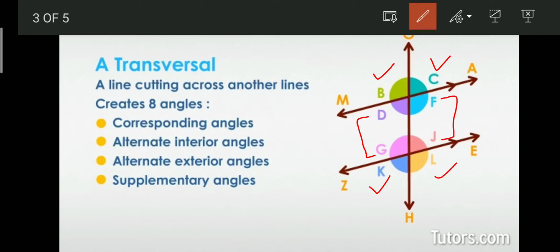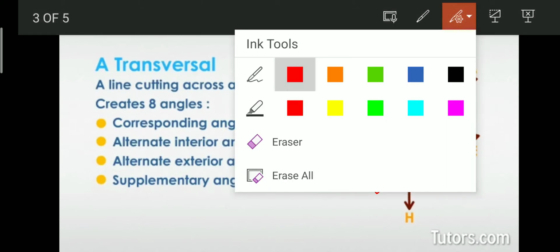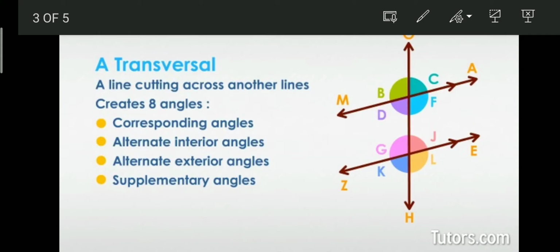Now if we talk about corresponding angles, first of all we have to take the angles of the same side. Same side means if we see the transversal line, we can see the left part and the right part of the transversal line.